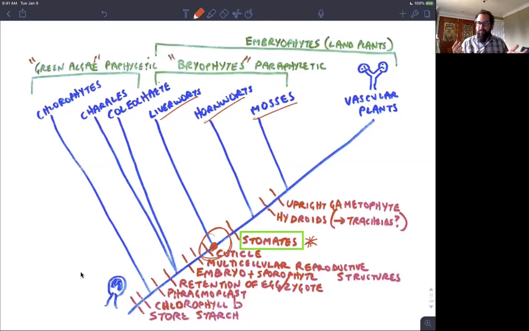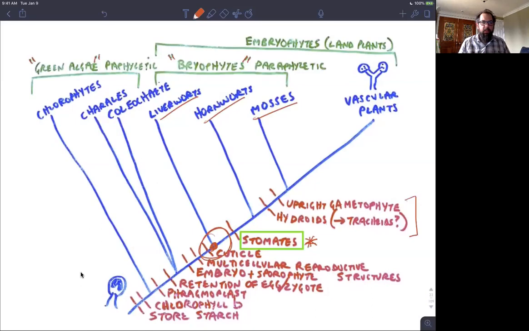That was always a trait that was difficult to understand until we were able to resolve the phylogeny and figure out that these are not monophyletic. Liverworts diverge first, and then hornworts, and then mosses. And so that helps us explain the presence of stomata. I'll also talk about these other two, hydroids, as well as an upright gametophyte that we see in mosses, but we don't see in liverworts or hornworts.